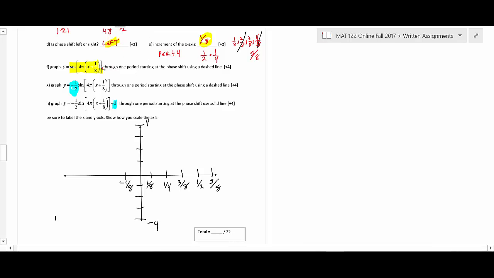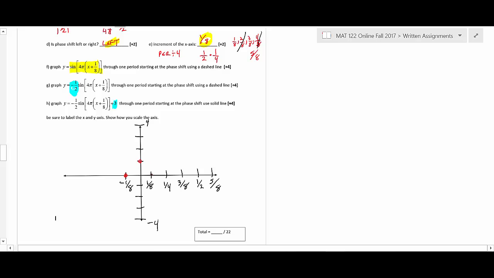Okay, so we're going to start at the phase shift. So we're going to do this graph first. So here's the way that you want to process this. Okay, you know a sine starts at 0, 0. But that's going to phase shift to the left pi/8. So that point is not there. That point is there. So instead of starting at 0, 0 for that basic sine point, start there.